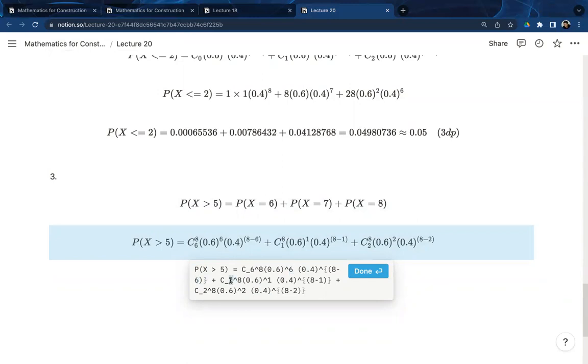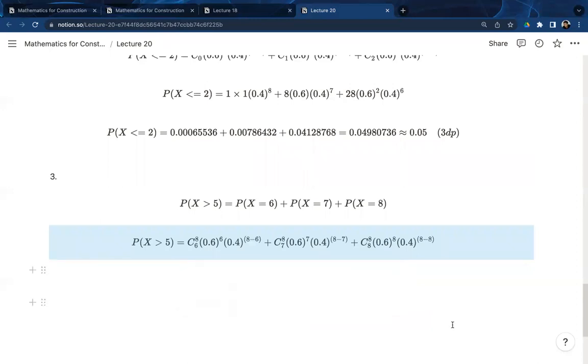This is a 7, 7, 7. And this is an 8. 8 successes. Right? See what's happening here? This is X equals 6. See 6, 6, 6, 7, 7, 7 for 7 and 8, 8, 8 for that.